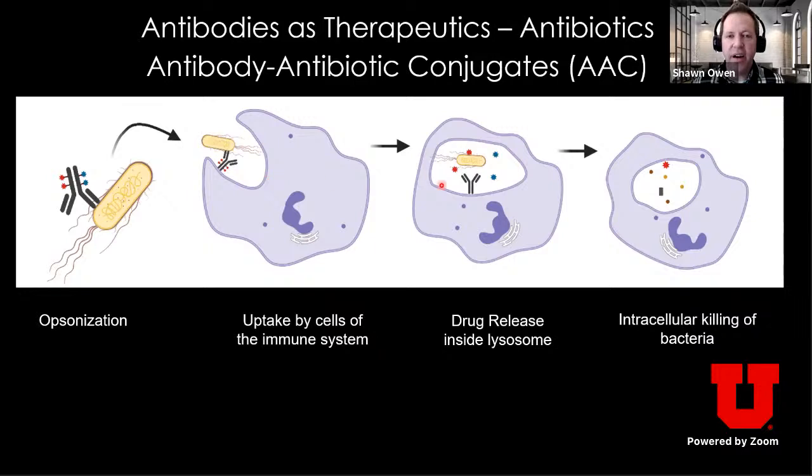And once they're in there, even though they might be able to escape this first step, and they've developed mechanisms to resist digestion by the macrophages and neutrophils, we've now released a whole payload of drugs right next to them that we predict they aren't going to be able to resist. And so we're really working hard right now to develop these kinds of antibiotic conjugates to combat different things.